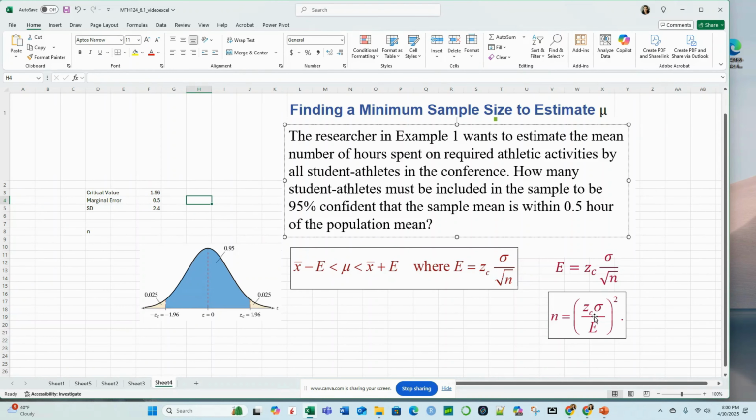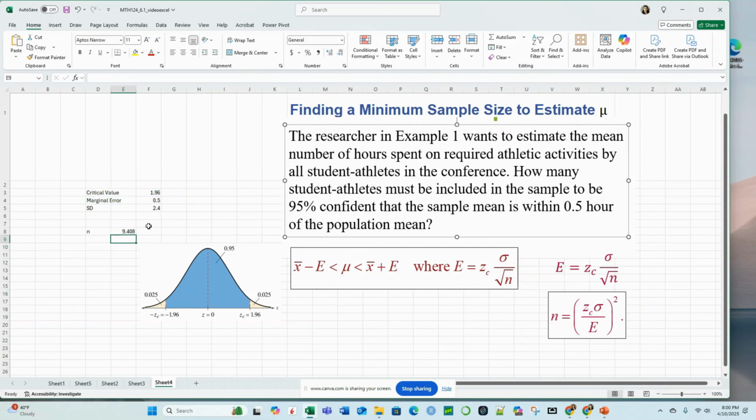So now you have three values. Just substitute our values into this equation. So I will formulate using Excel. That is our goal, to find the minimum sample size. I will type here equal. First click the critical value, times the standard deviation, divide by marginal error.